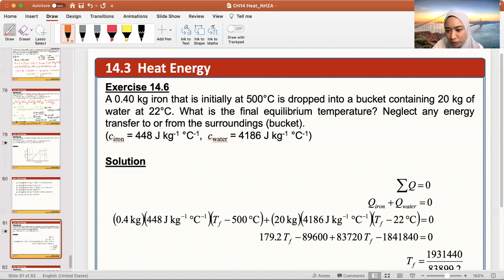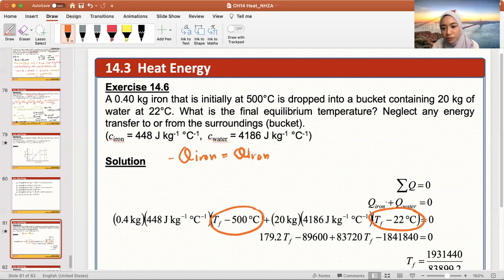Q iron plus Q water is equal to 0. And so this is how they did it. TF minus T500, TF minus 22. They put it on the same side if they don't want to do the Q iron minus Q water. Okay, so Umar was right. So Q iron plus Q water equals to 0, which means that if I put Q iron on the other side, it becomes negative Q iron.